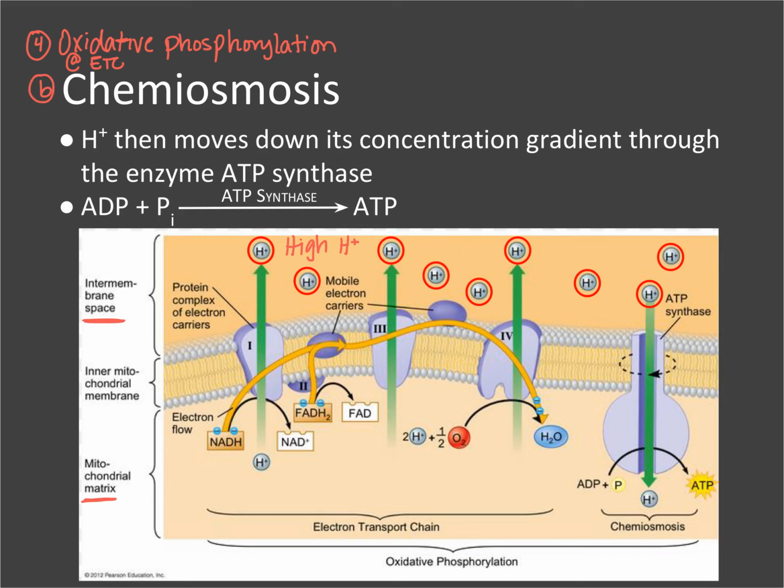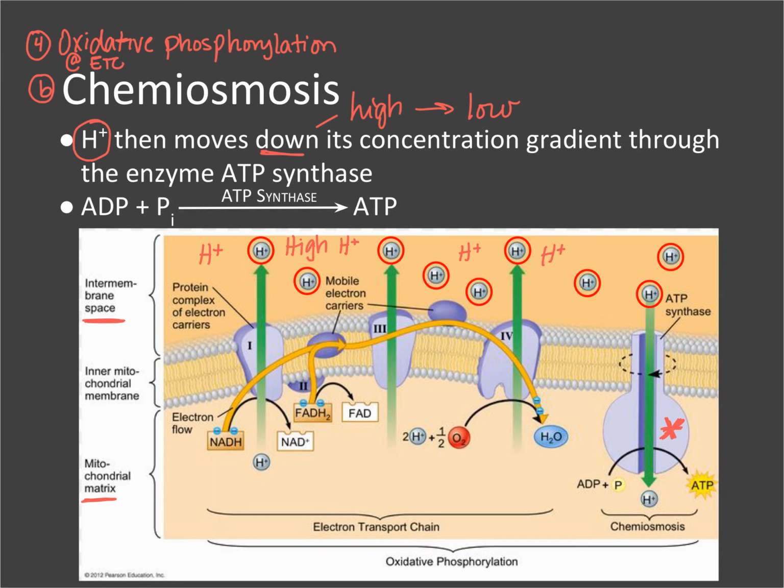The hydrogen ions that are built up in this intermembrane space are going to start going down their concentration gradient, from high concentration to lower concentration. They're going to do it through a specific protein, an enzyme called ATP synthase, which is right here at the end of the electron transport chain.